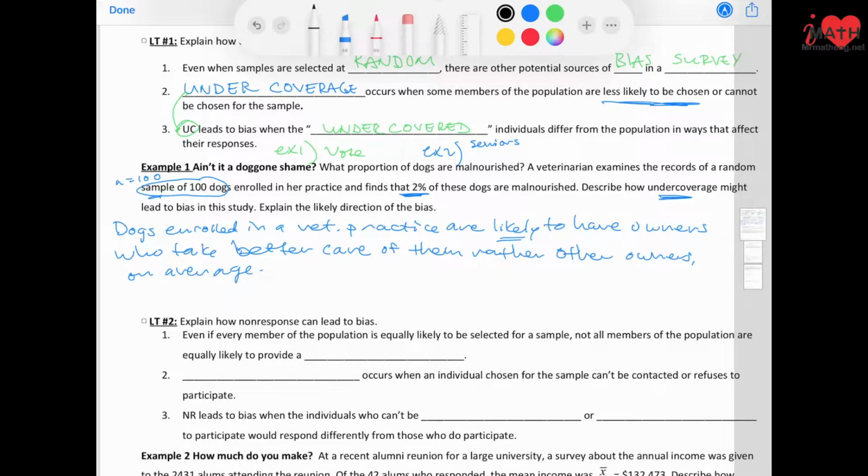So, what do we think about the direction of the bias? Because the sample includes only dogs enrolled in a veterinarian practice.